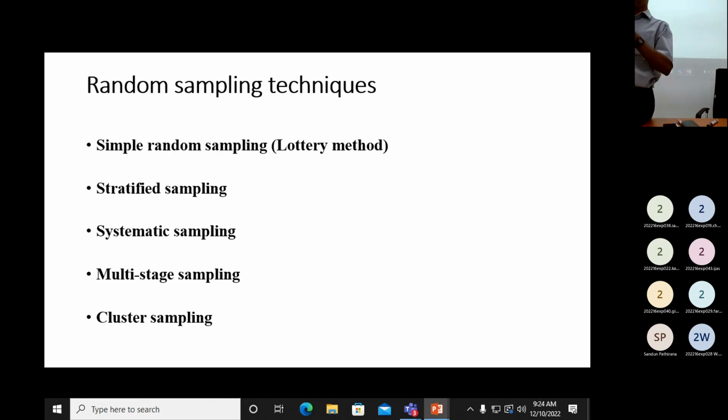After deciding the ratio, we select employees from both male and female. Let's try one example right now. This example we take.